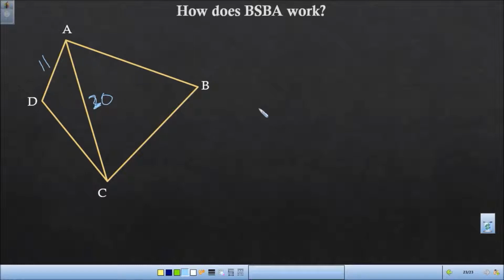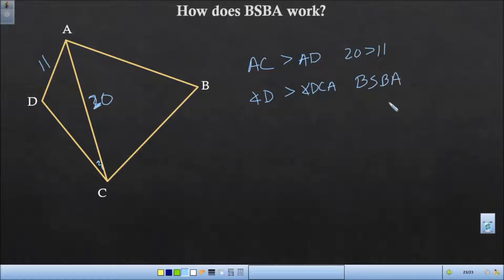Okay, so we would say that AC is greater than AD because 20 is bigger than 11. All right, and then the angle opposite AC is angle D. So we would say angle D is greater than the angle opposite AD, which is angle C down here, this one. All right, so that's angle DCA by the big side, big angle theorem.